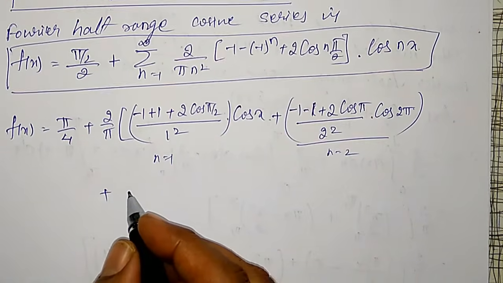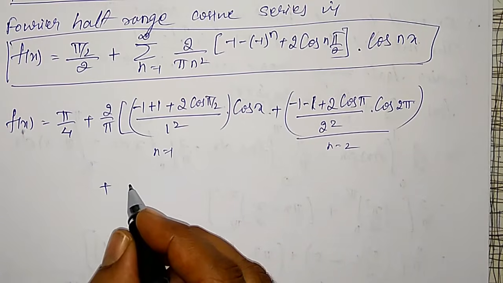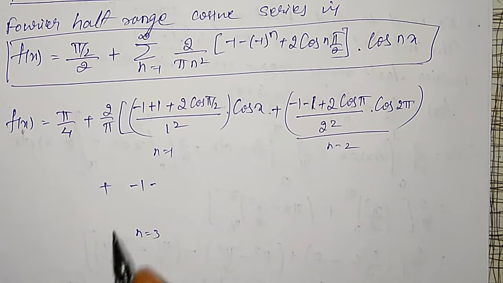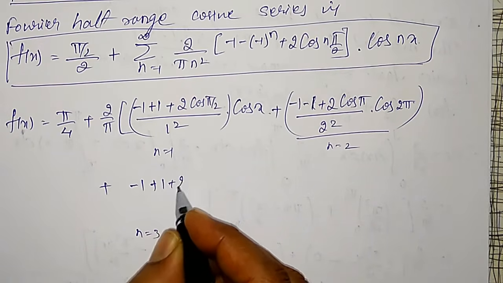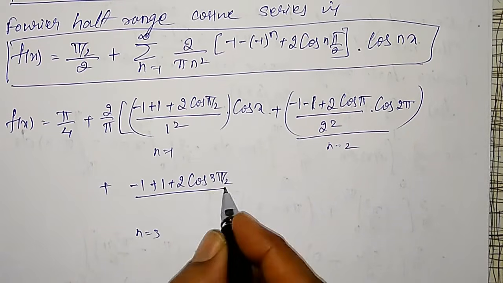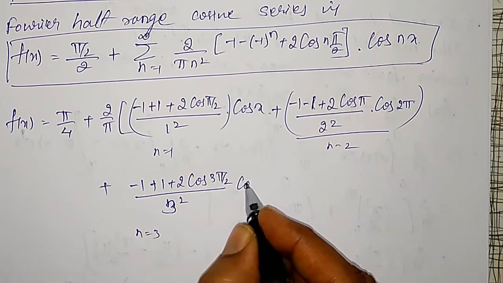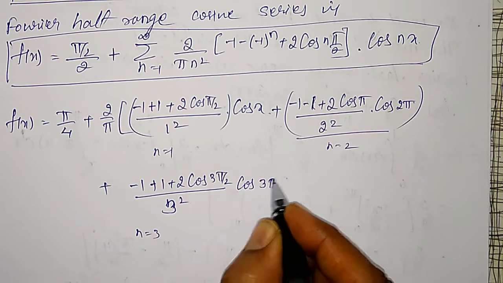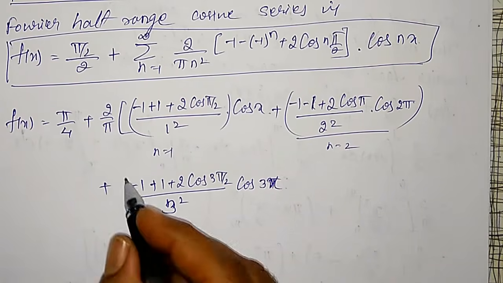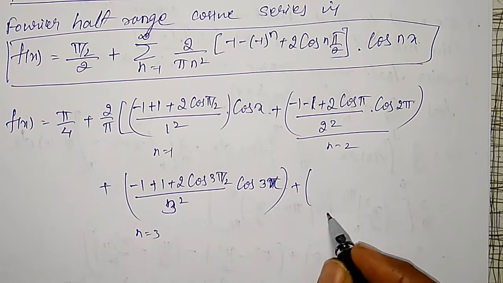Plus for n equal to 3, minus 1 minus of minus 1 raised to 3 becomes minus of minus, plus 1, plus 2 into cos of 3 pi by 2, divided by 3 square, into cos of 3x.